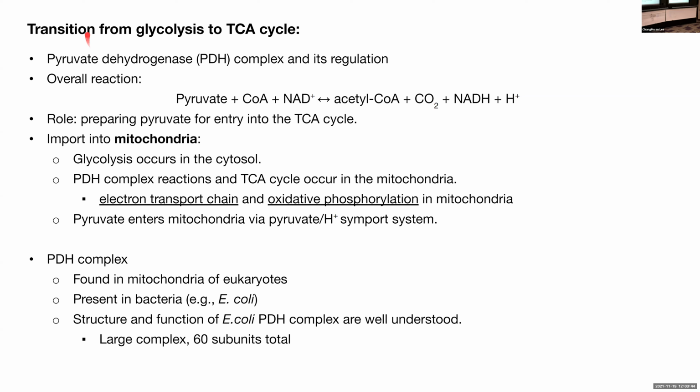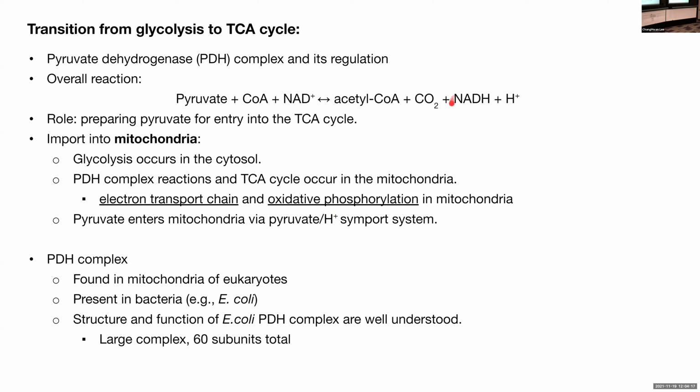So that transition is catalyzed by this enzyme complex called the pyruvate dehydrogenase, or PDH complex. And we're going to look at its regulation, which is highly conserved and is important in preparing for this TCA cycle. So here's the overall reaction where you put in the pyruvate that becomes the acetyl-CoA, and also generates 1 molecule of carbon dioxide as well as NADH.